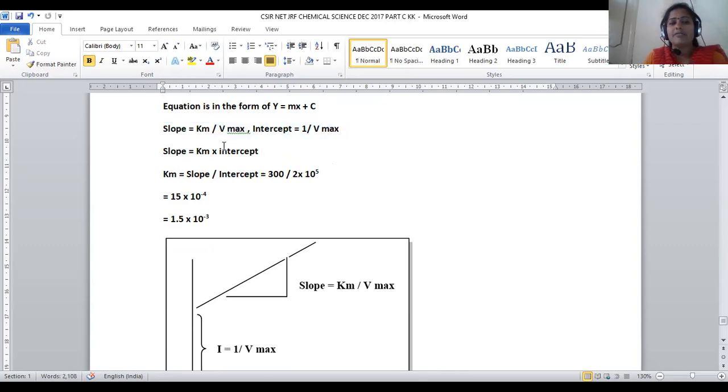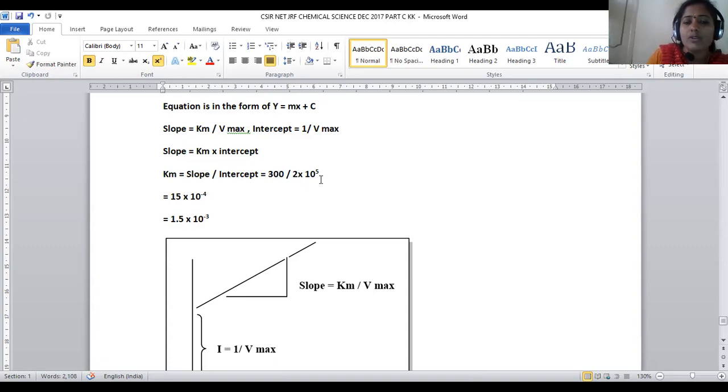Now, it is very clear from this equation that Km by Vmax can be written as Km into 1 by Vmax, nothing but Km into intercept. Km is required to be calculated, right? Km is equal to slope by intercept.